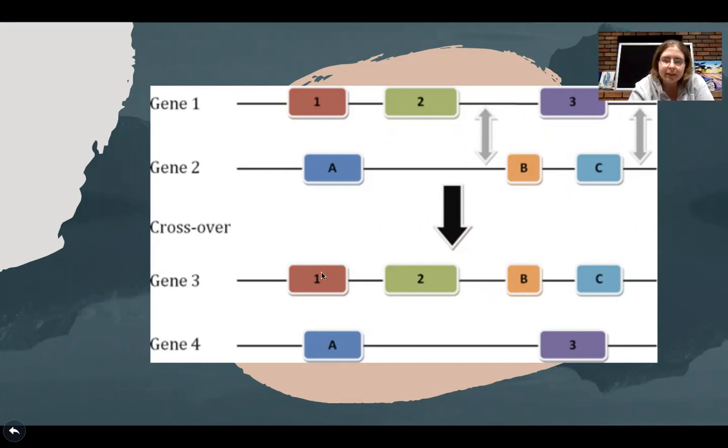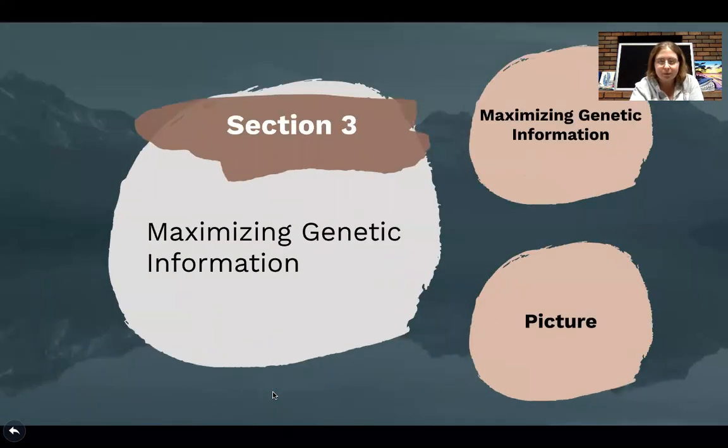Or we can leave in 1 and 2, and B and C, take out A and 3. Well, now that we have different bases, it's going to be a different protein. Or what if we just have A and 3? So we would have a different protein from just that. So there's ways to start off with the same original mRNA sequence and have different ways to process it in order to have different proteins.